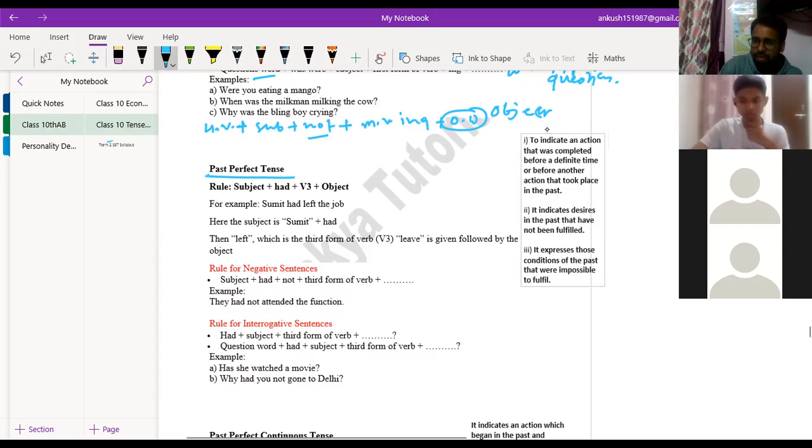Have you got the past continuous tense? Got it. Okay. Can you write one or two sentences there in the chat box?